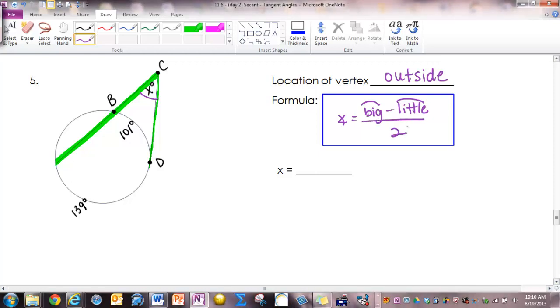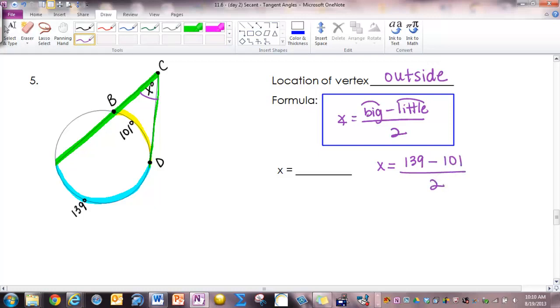So in this problem, our angle is x. Our big arc is going to be this one, which is 139 degrees, minus our little arc, which is this one, 101 degrees, and divide by 2.